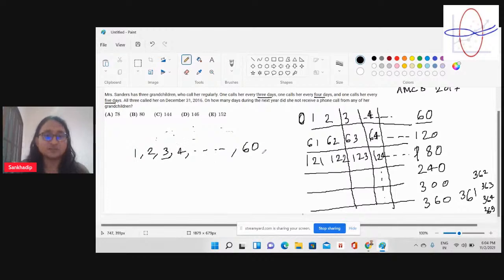How many multiples of 3 are there? There are 3, 3 times 2, 3 times 3, up till 3 times 20. How many multiples of 4 are there? 4, 4 times 2, 4 times 3, up till 4 times 15.